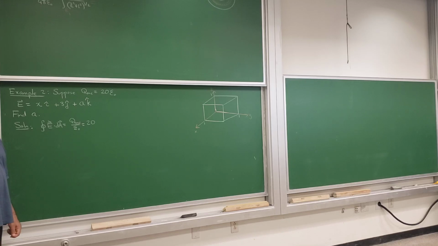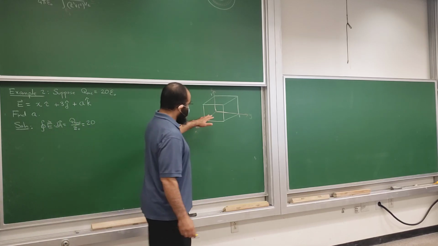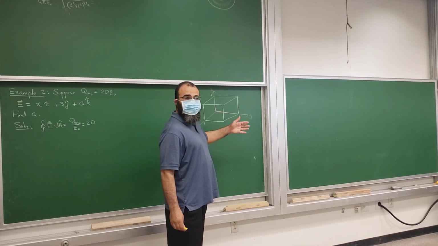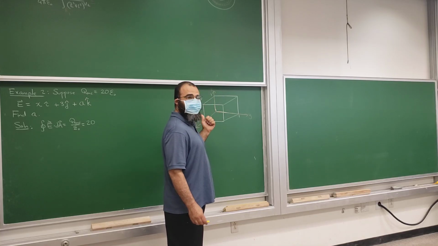So far, so good. So how are we going to find A? Well, we need to do the integral, E dot dA. It's an easy integral, not bad. The closed surface has a front, a back, a top, a bottom, a right, a left.